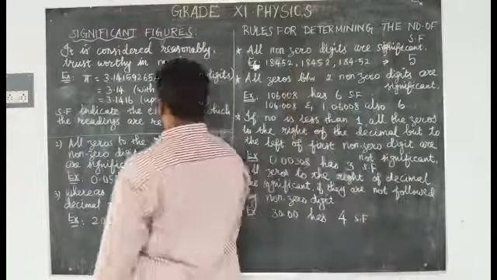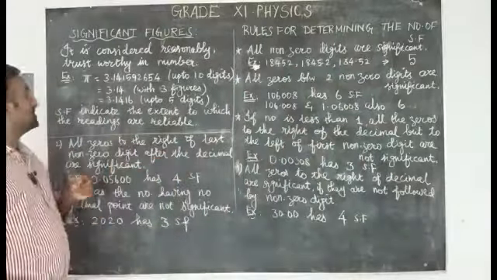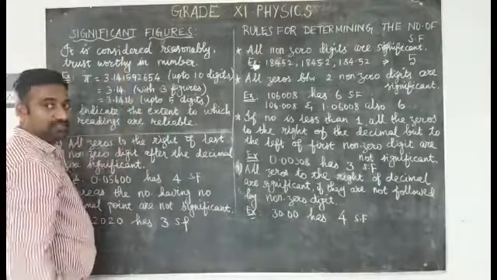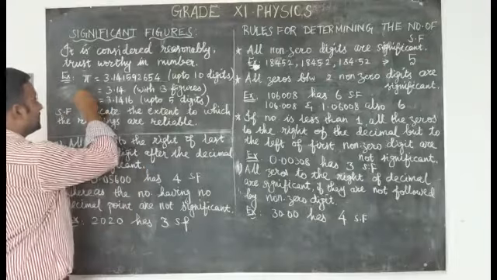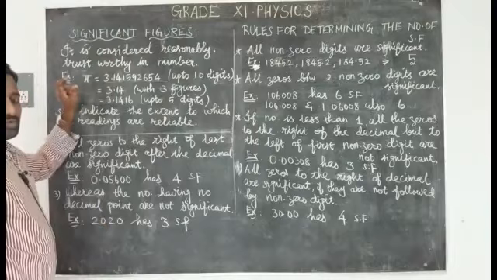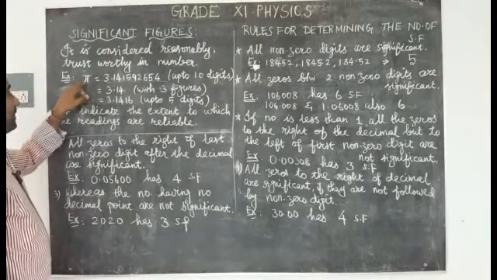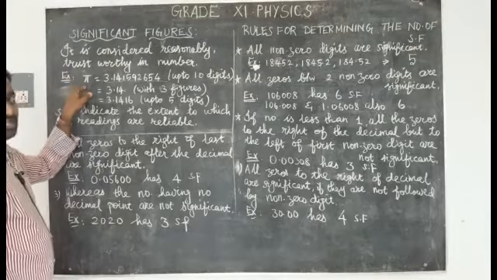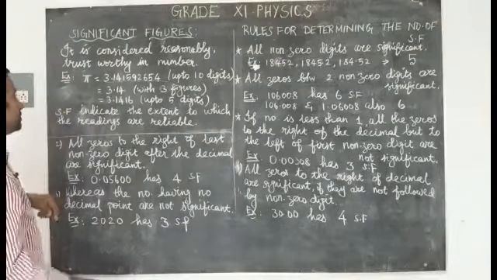So what is a significant figure? Significant means some importance. So it is considered reasonably trustworthy in numbers. Example, the value of pi. In math we use pi, and in physics also to solve numericals we'll use it. We know the value of pi is 180 degrees, or in math we'll use 22 by 7.